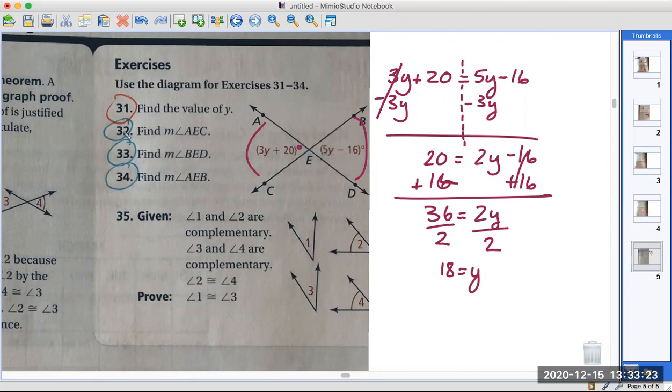Okay, and now it's asking find the measure of angle AEC. This is your angle symbol, AEC. This angle, we want to know how big it is. 3 times 18, y is 18, plus 20. So 3 times 18, I believe, is 54. 54 plus 20 is 74.